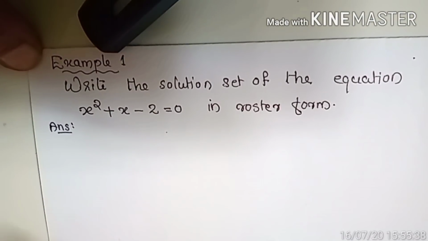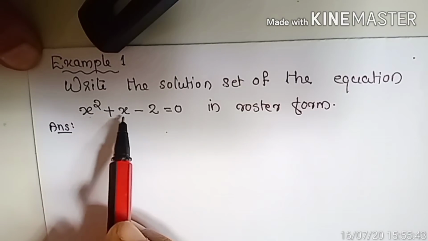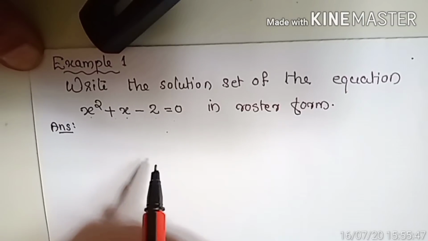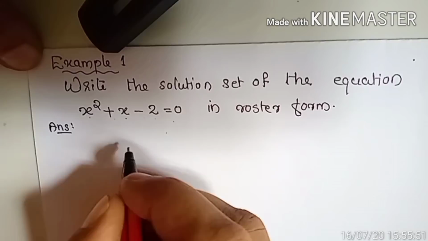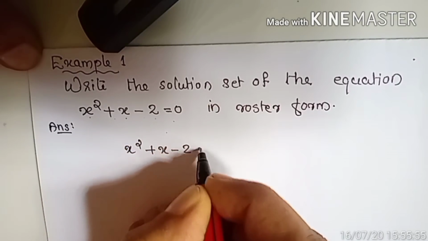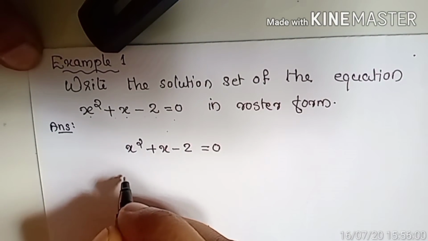Okay. First example. Write the solution set of the equation x square plus x minus 2 equal to 0 in roster form. We want to write the answer in roster form. This is a quadratic equation, x square plus x minus 2 equal to 0.